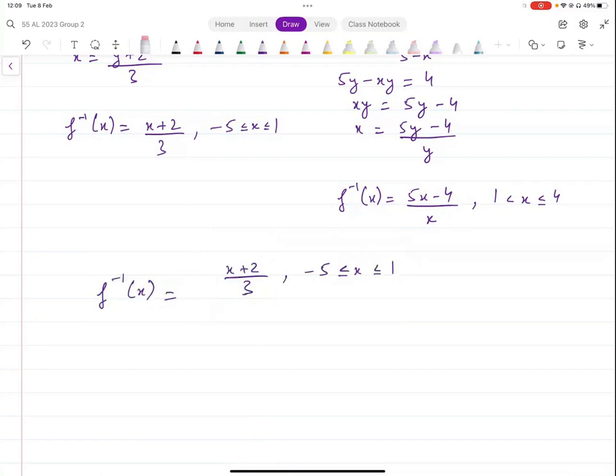And then we have the second expression, which is 5x minus 4 over x. That is defined for x between 1 and 4. So this is the f inverse function written in a similar way as the original function above.